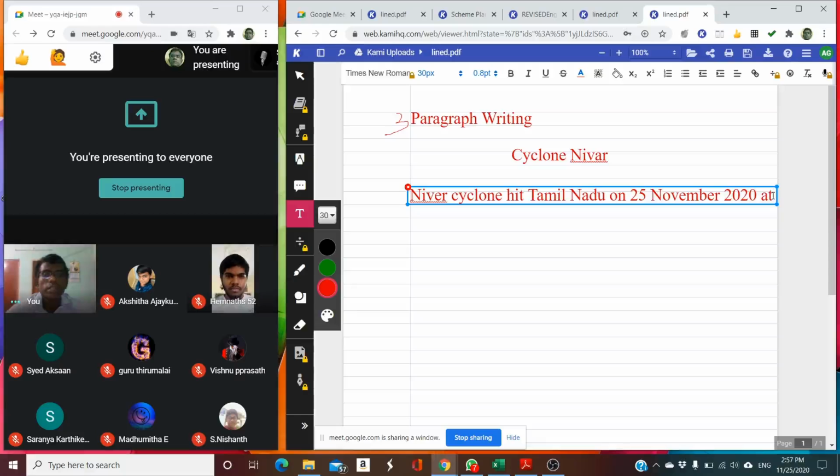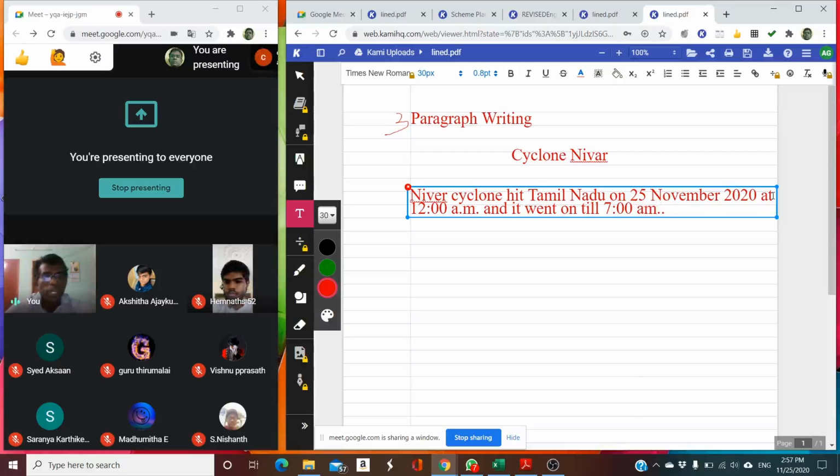Nivar cyclone hit Tamil Nadu on 25 November 2020 at 12 a.m. and it went on till 7 a.m. etc. Okay.